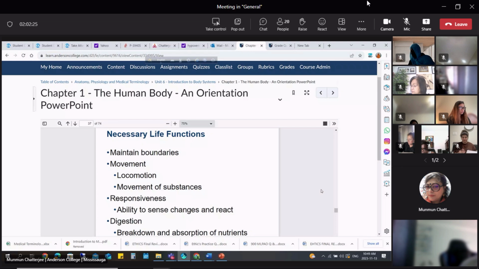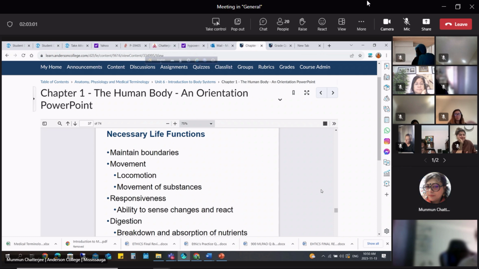That is the movement of substances. So movement has two parts. One is locomotion, where we walk, move hands, move things, the movements of the external body parts, and the movement of substances is the other movement under the movement chapter.